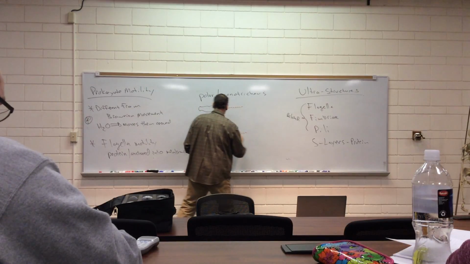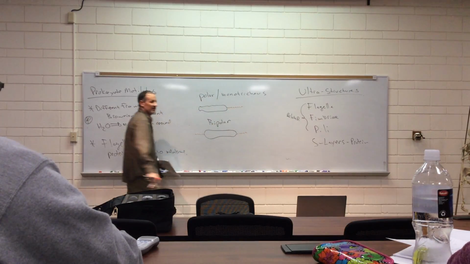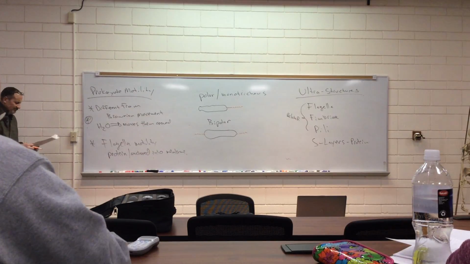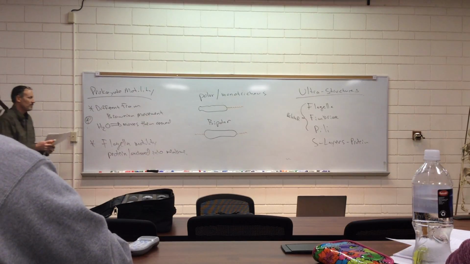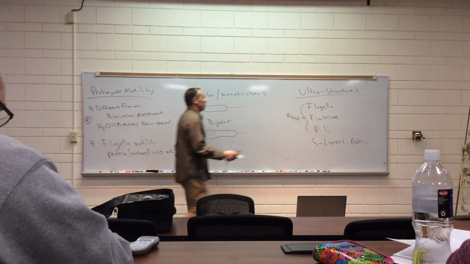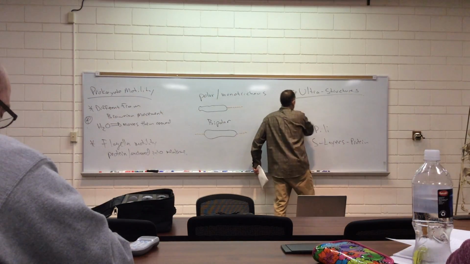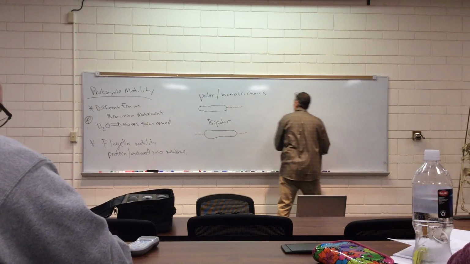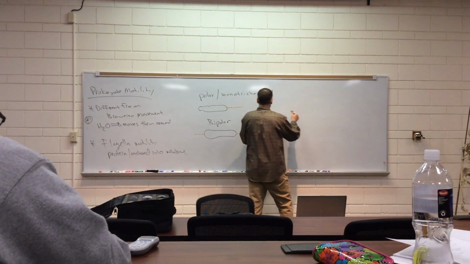Sometimes it's really happy, sometimes it's really sad. So basically a single one on either side. Then we can have what's called lophotrichous. Think of it as many on one side. Lopho meaning kind of location.